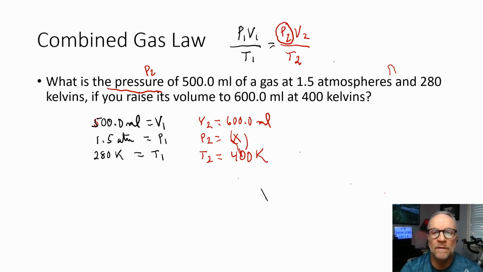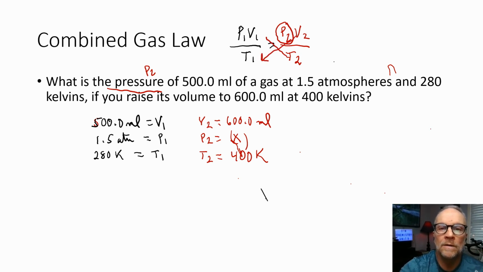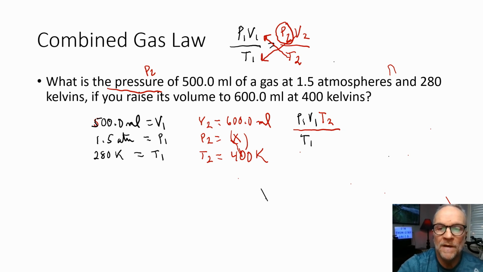So that's our problem. Sometimes I think it almost helps to do your algebra with your letters and then plug in. V2 is going to come down here and T2 is going to go up there. So it becomes P1, V1, T2, all over T1, V2. And that will give us our second pressure.